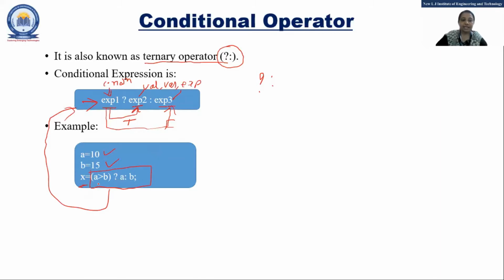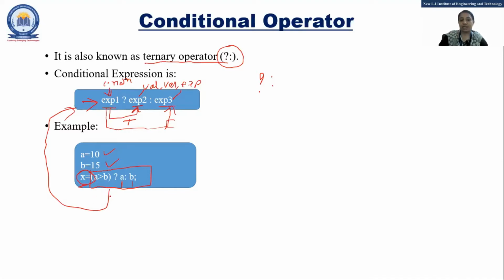A greater than B is the condition. If A is greater than B, this condition is true, it will execute A, which is only a variable, and otherwise B. Whatever the result is, I have assigned into X. So, X equal to A greater than B.